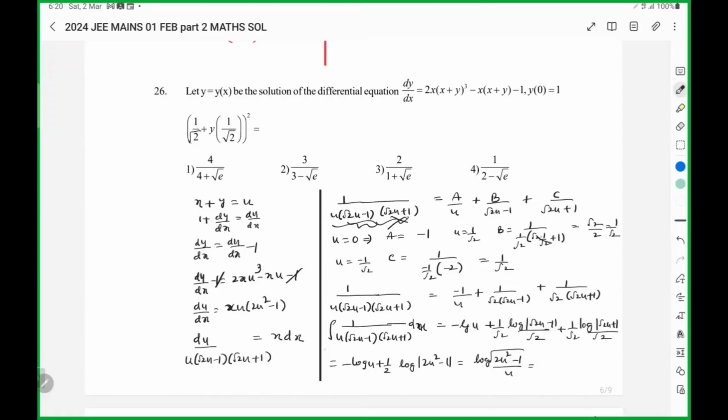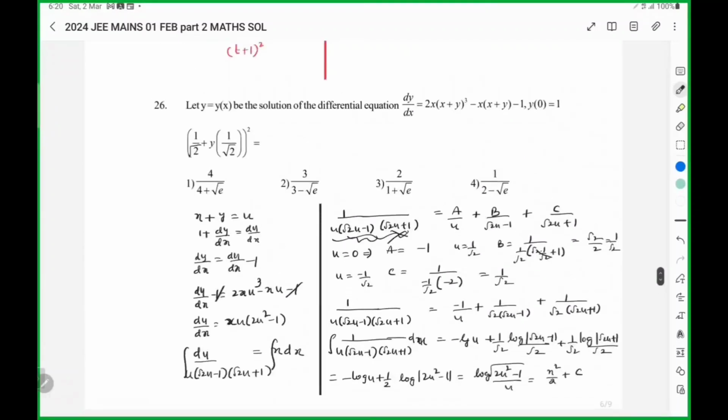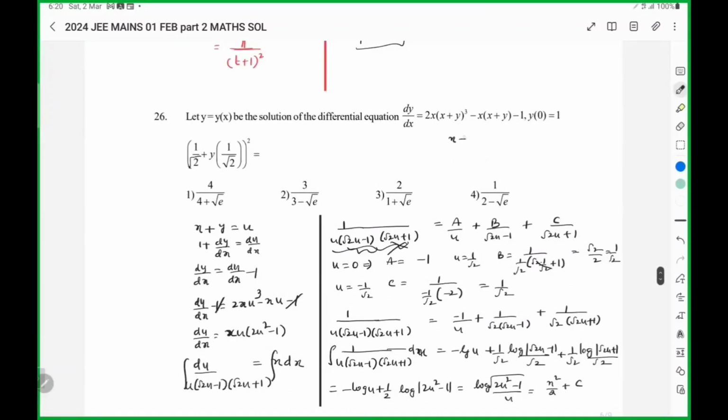As integral x dx will be x square by 2 plus c. So given condition here, x plus y as u, when x is 0, 0 plus y of 0 is u, u becomes 1.